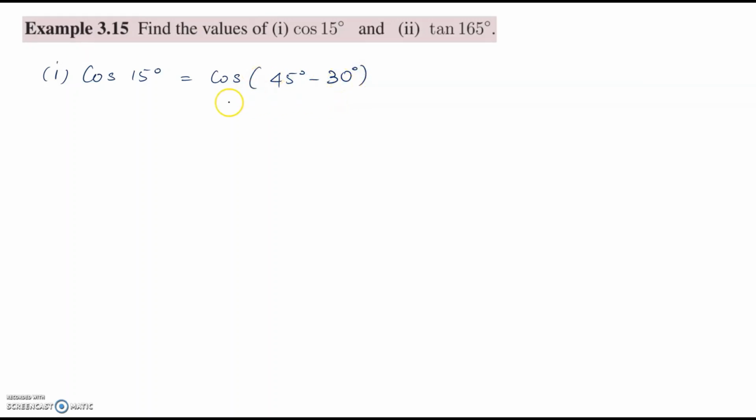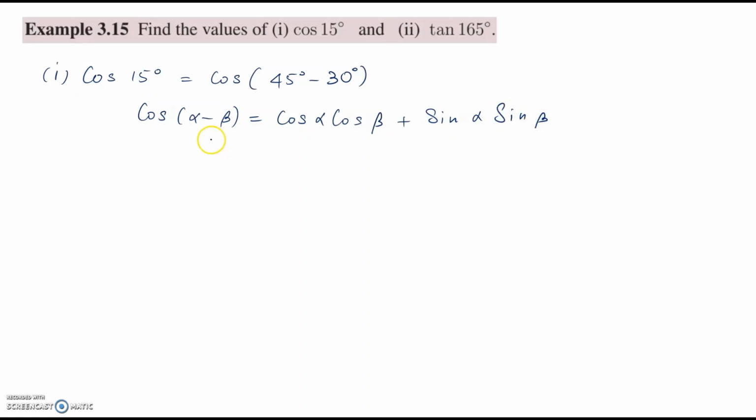So this is in the form cos(alpha minus beta), so it can be written as cos alpha cos beta plus sin alpha sin beta. Here our alpha is equal to 45 degrees and beta is equal to 30 degrees.